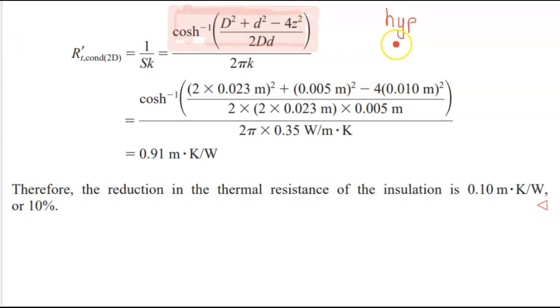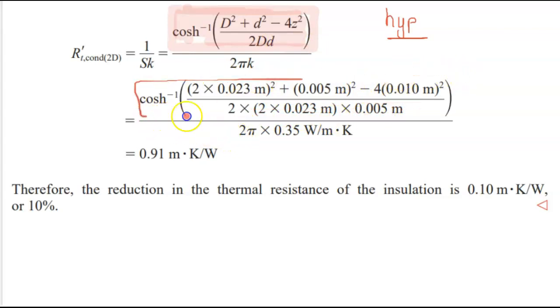You have to go to options and then hyperbolic. So remember, this is a hyperbolic identity, not that one. Then you put in the values: the big diameter D, which is 0.05, 4 times Z, divided by 2, divided by the small d, which is 0.005.